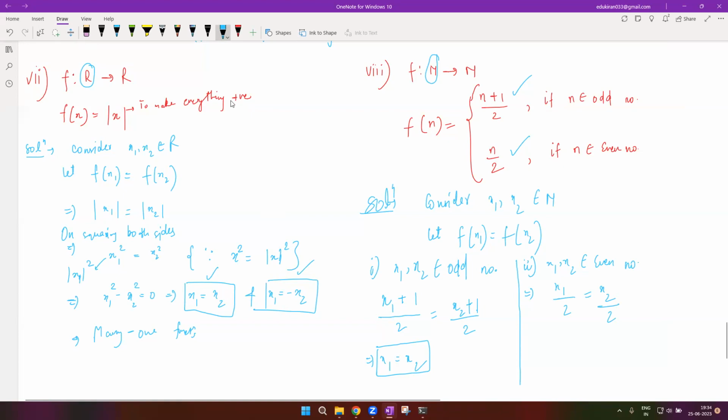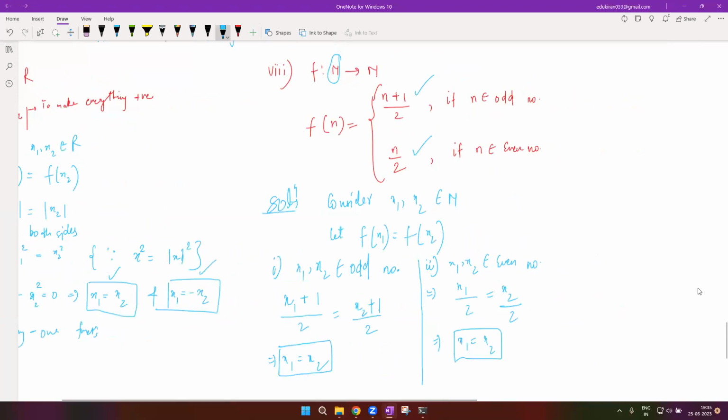Yeah, please feel free to ask. Here also it is one-one, because 2 gets cancelled out with 2 and we are only left with x1 equals x2.